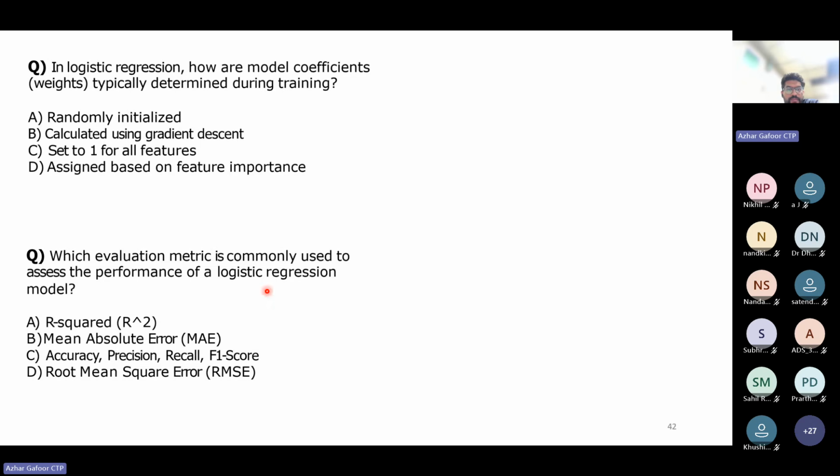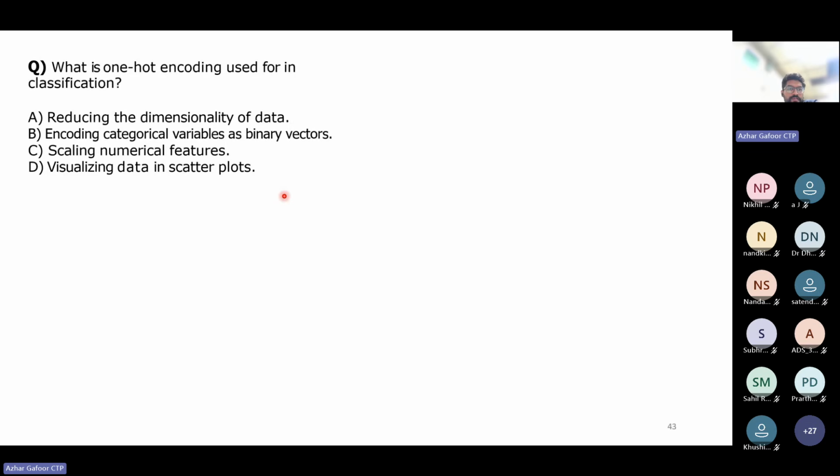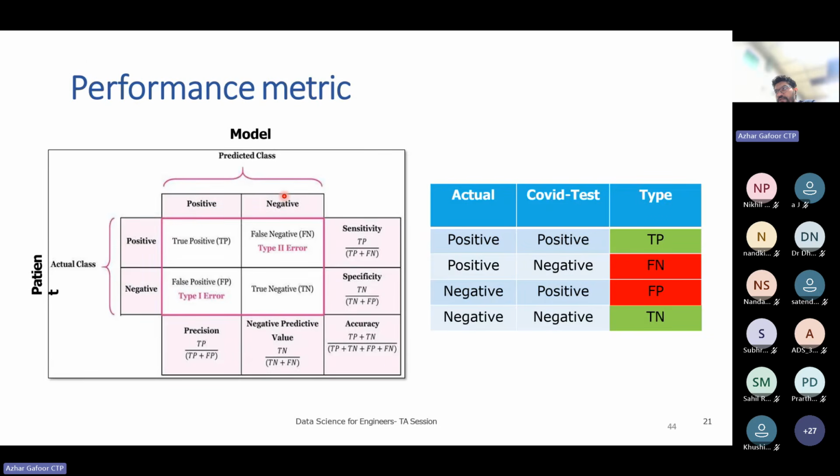Which evaluation metric is commonly used to assess the performance of a logistic regression model? Since it is a classification problem, we cannot determine it using the metrics that we explained in regression, like R square, MAE, or RMSE. So we use accuracy, precision, recall, etc. We'll skip this. We have discussed some metrics like accuracy and precision in terms of classification problems. So let's see what that is.